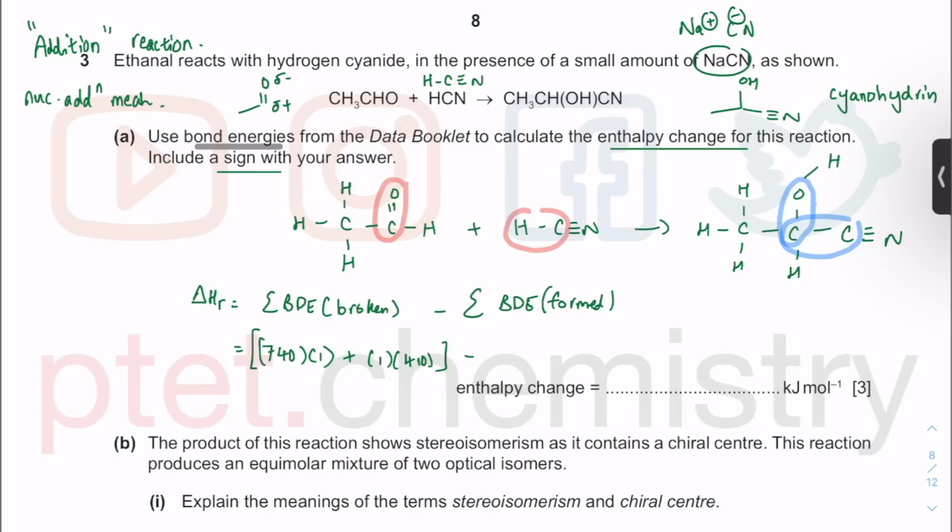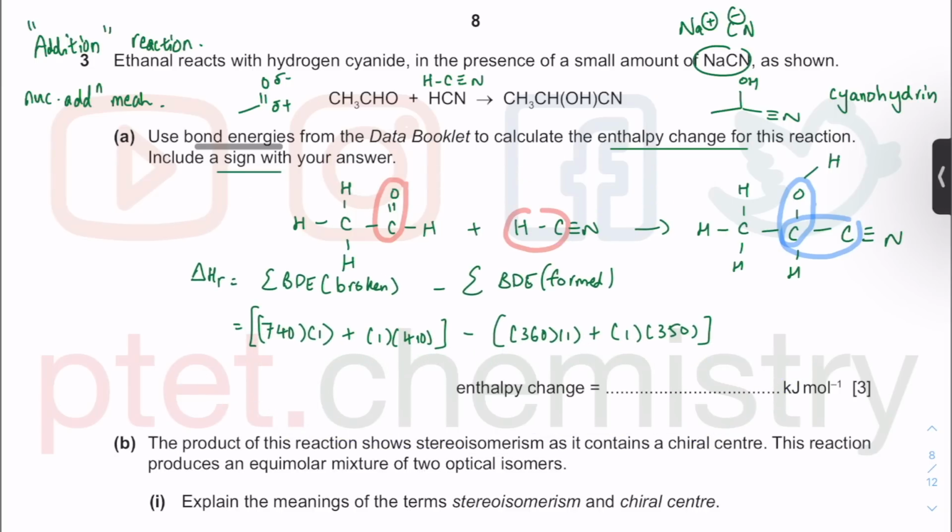Then I take away the bond energy that I need to form. These are C-O single bonds, so there's 360 multiplied by 1, and then I have one carbon-carbon single bond, that is 350. And what do I have altogether? Let's just key that into the calculator.